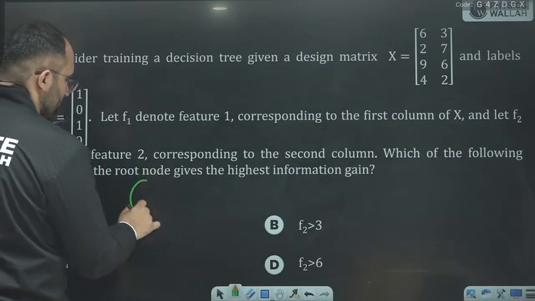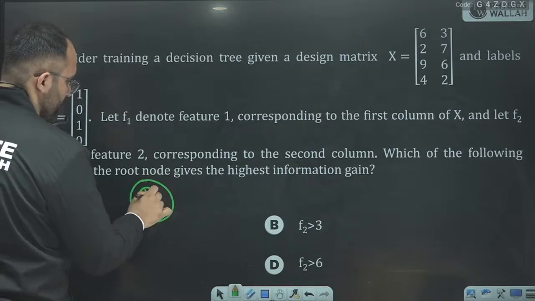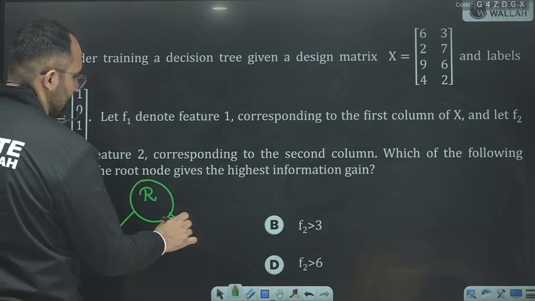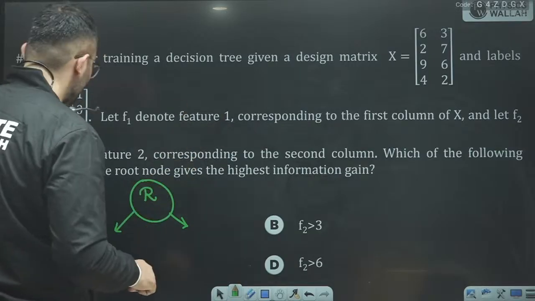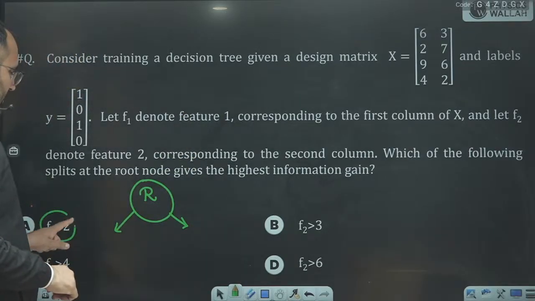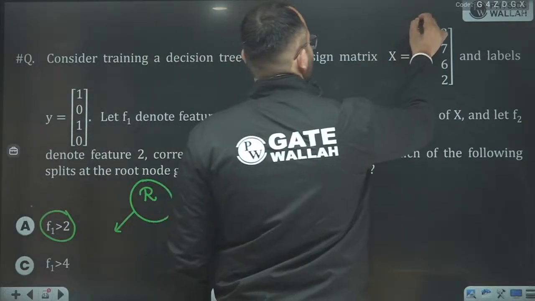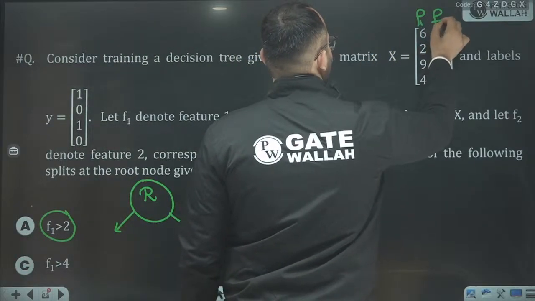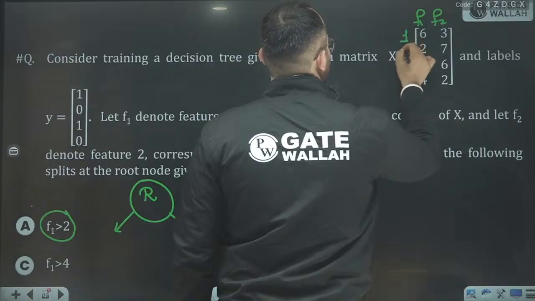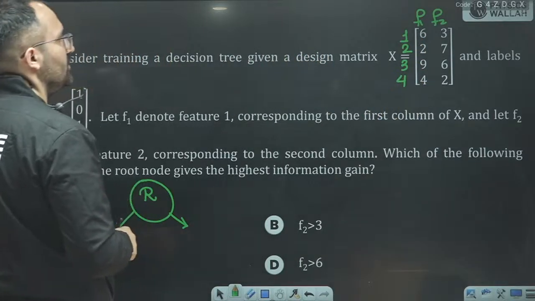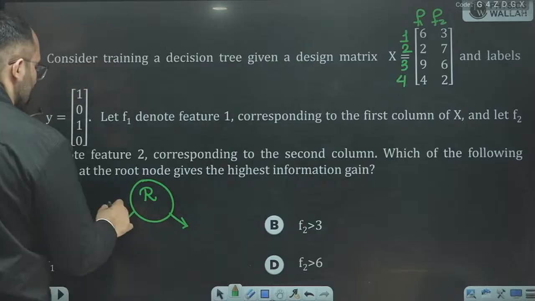So we have the root node. Root node has all the data. Now if we bifurcate with F1 greater than 2, point number 1, 2, 3 and 4, only 4 points are there.